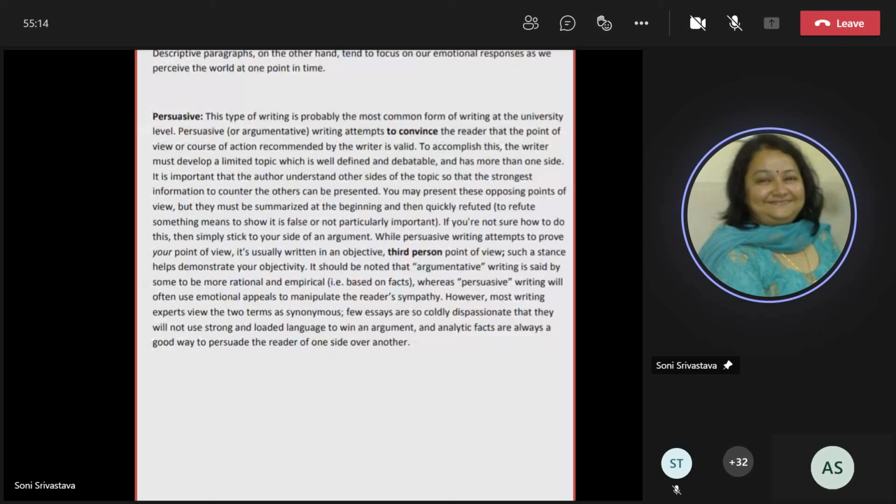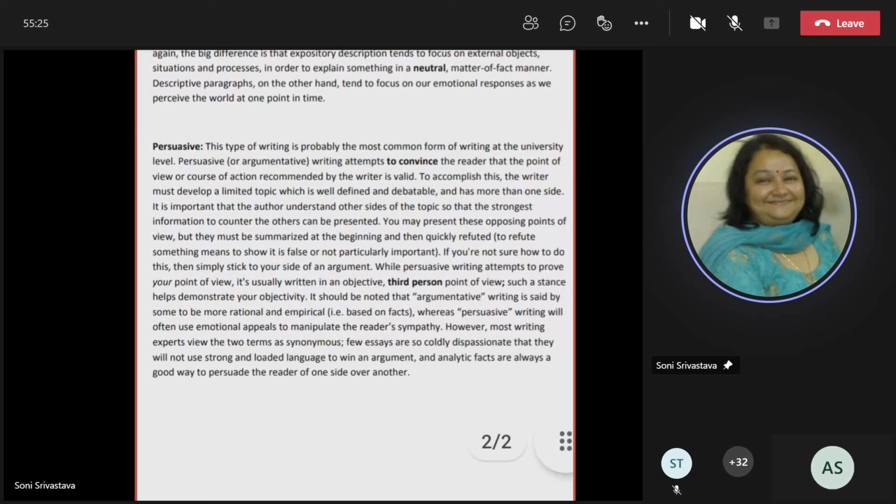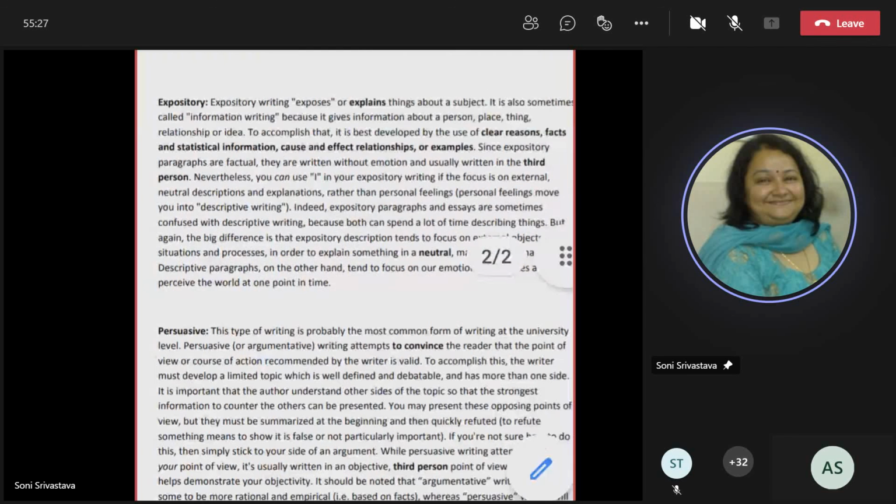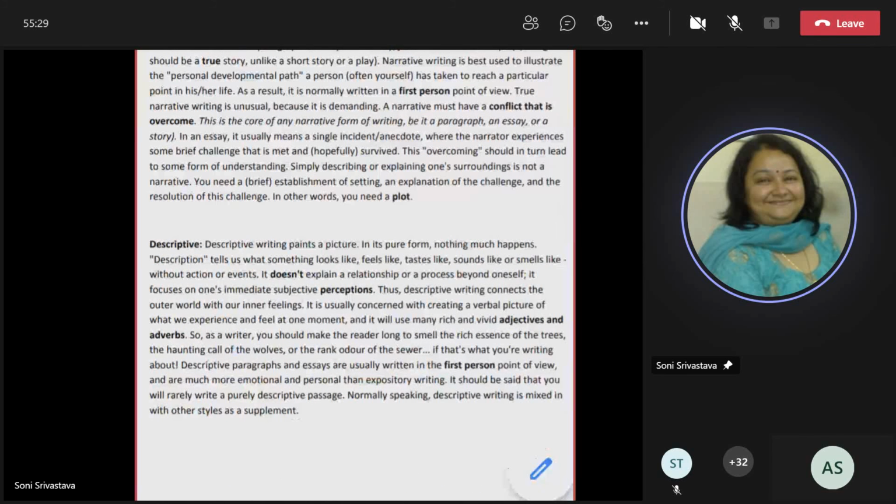It is visible in non-fictions, speeches, letters of recommendation, and all these kinds of things. So these are the four things that we have discussed. And like I said, there is a fifth one, that is creative writing as well. But here mostly these are very important. Fine.